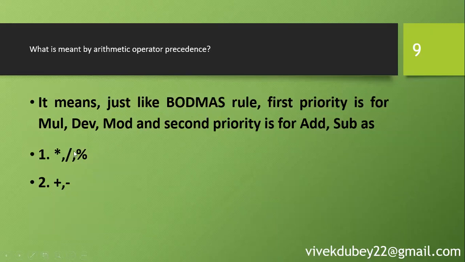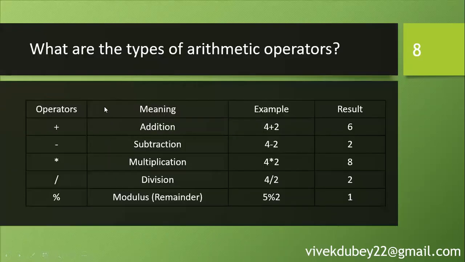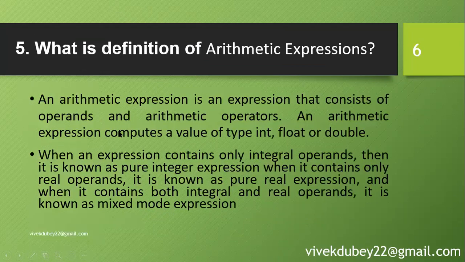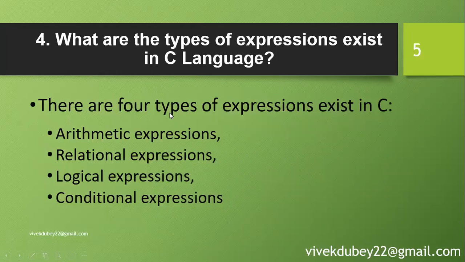The first priority is for these 3 operators, and the second priority is for plus and minus. So these are the arithmetic operator explanations, and this is the pure integer expression, real expression and mixed mode expression. And this is about the arithmetic expression description.